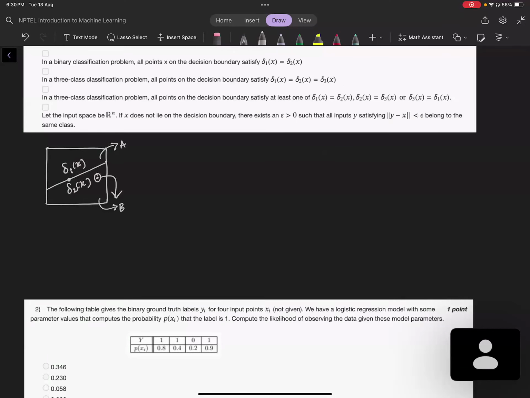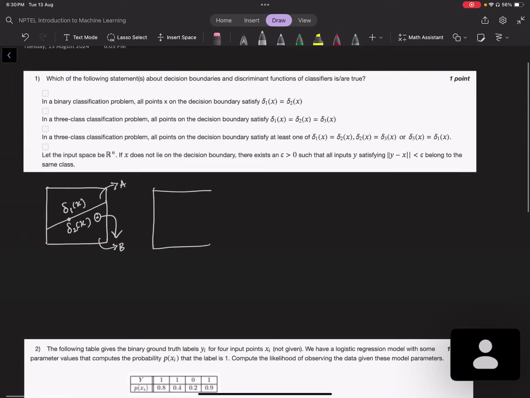So if it is on the decision boundary, then this statement stands true, the equality holds in binary classification. So option A is correct.